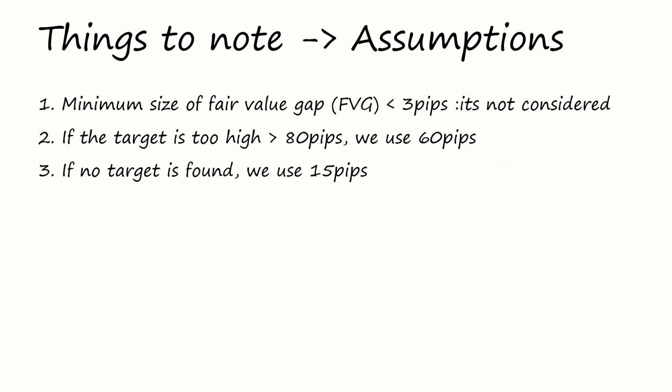The next thing to note is there were trades in which no target was found. Consider a scenario where the price is the lowest it has ever been for the last 15 years. That means to find the next liquidity zone, you'll have to go back 15 years. So in a scenario like that, I just used 15 pips because that was the minimum specified number of pips that you should target in any one trade.